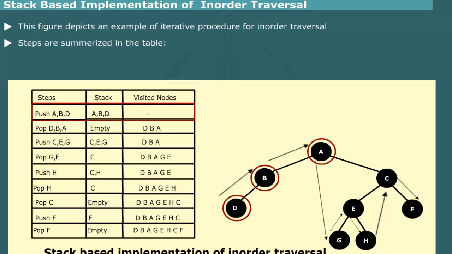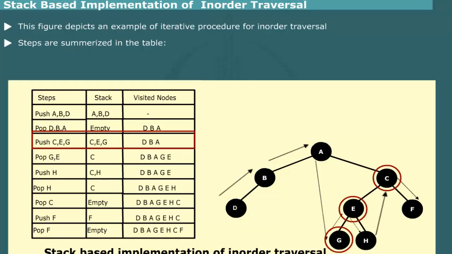Push ABD, pop DBA, push CEG, pop GE, push H, pop H, pop C, push F, pop F. Finally, the in-order traversal is DBAGEHCF.